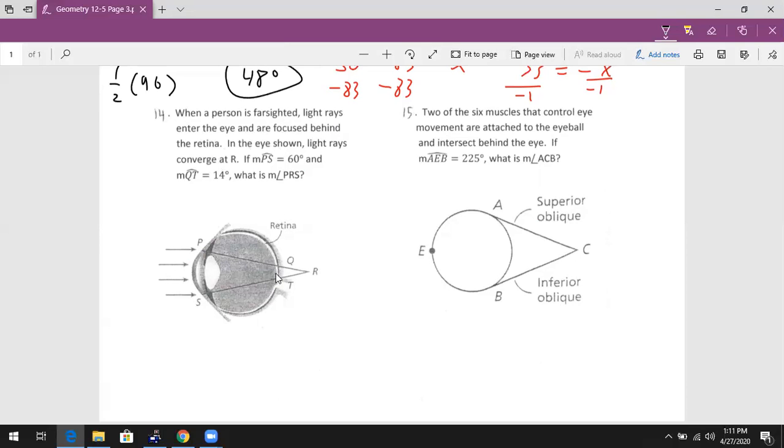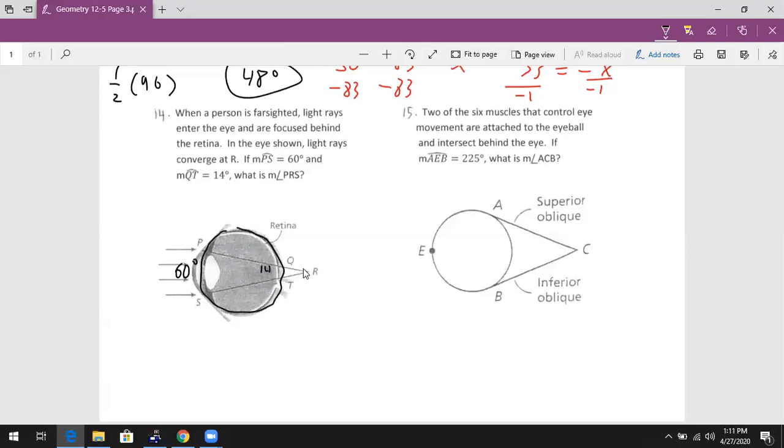We want it to be on the retina. It's behind it in a person who's farsighted. But they give us the information that arc PS, and we're going to treat this kind of like a circle here, arc PS is 60 degrees, while arc QT is 14 degrees.